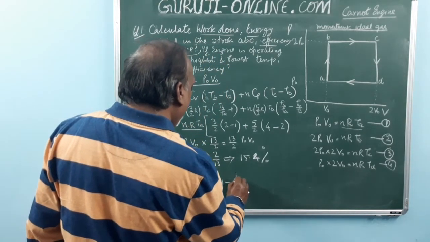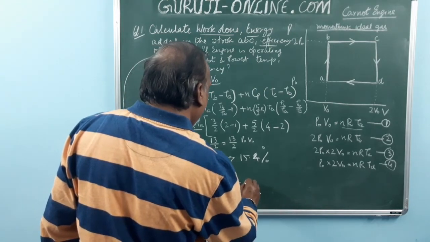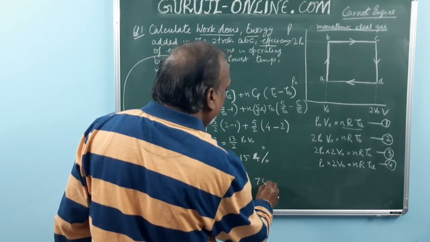P0, V0 and R are all common. So this will be 1 minus 1 by 4, and this will give you 75%.